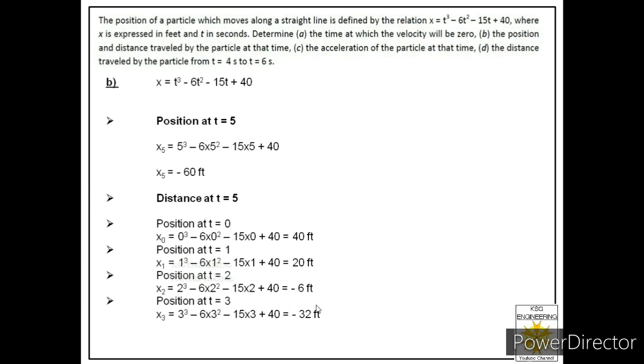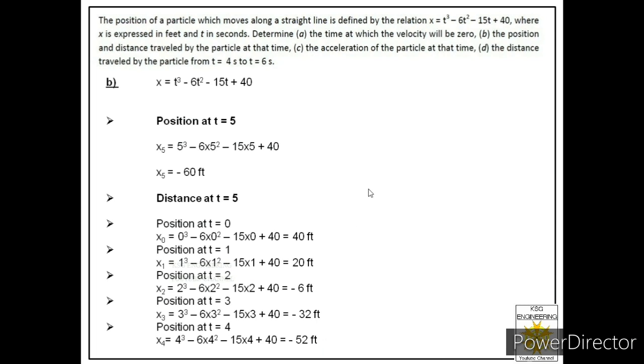It means after t equal to 3 seconds the particle was at minus 32 feet from the origin. Similarly we will find the position of the particle at time equal to 4 seconds. For that we put the value of t as 4 and we get the position x4, and from this equation we get that value as minus 52 feet.